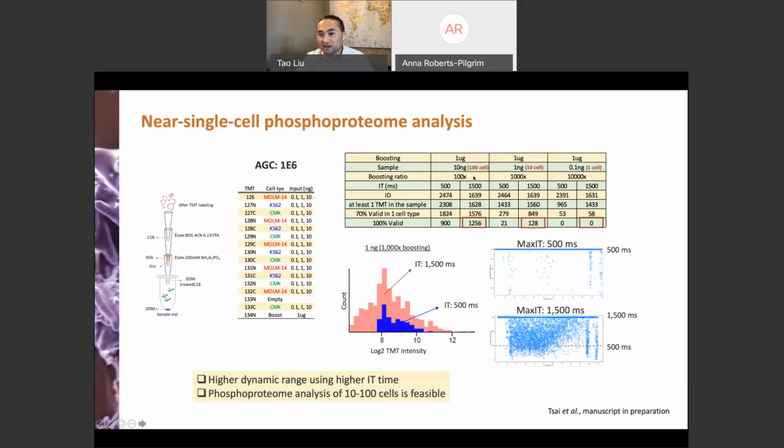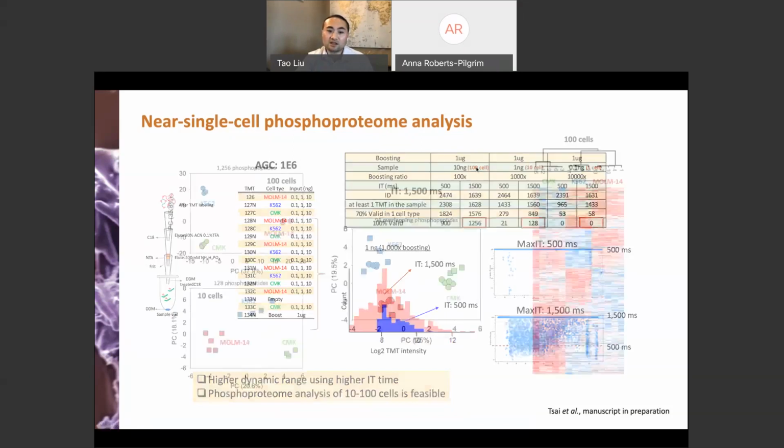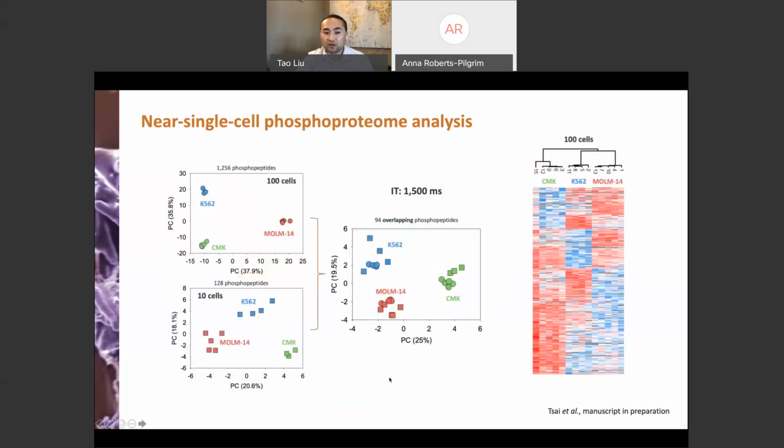In this case, if we fix the overall input to 1 microgram, we can do 1,000-fold boosting and get down to analysis of 10 cells and still achieve reliable quantification of about 100 sites, or over 1,000 sites in 100 cells. In terms of quantification, it's still pretty reasonable.